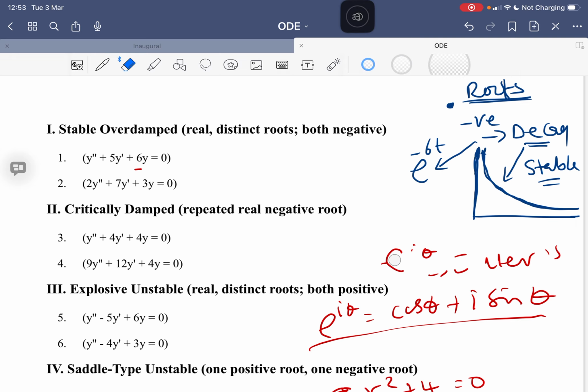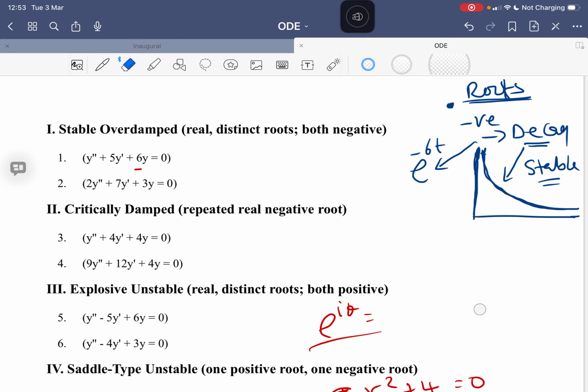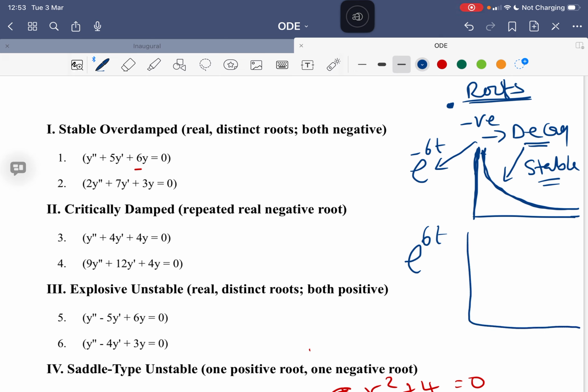Another thing is that if our exponent is positive, we have exponential 60. If I plot this, I'm going to get something like this, and this is growth.